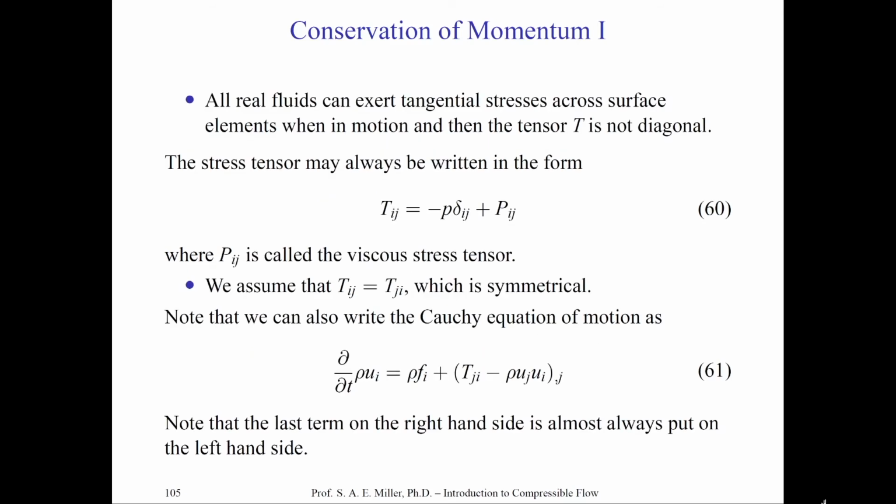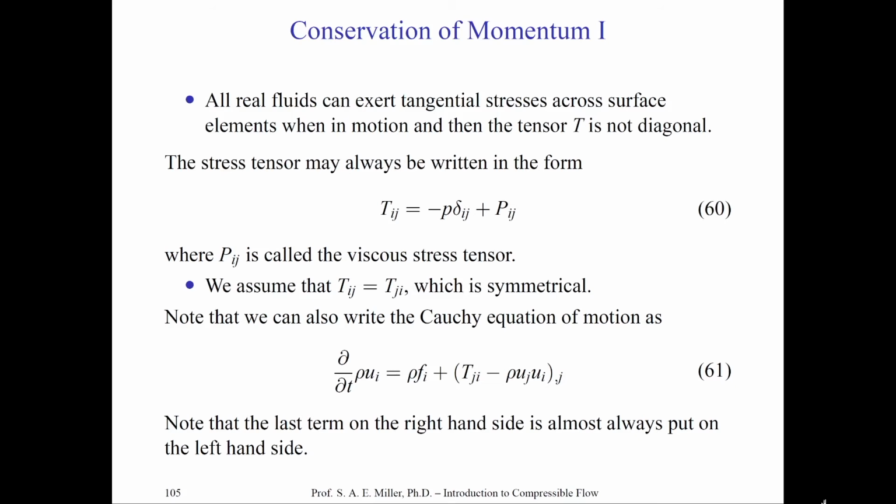Now, all fluids, except perhaps some supercooled helium, for instance, exert tangential stresses across the surface elements. And of course, this is where Navier came in with his famous analysis and gave his name to the equations of motion. He took, of course, the Euler equations and defined and derived the tangential stresses in the tensor T, which are independent of pressure.